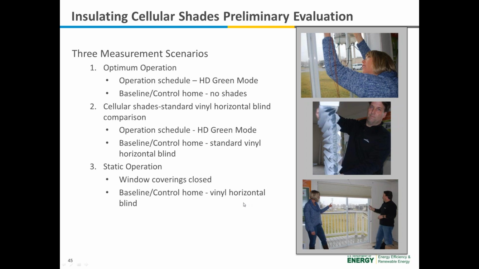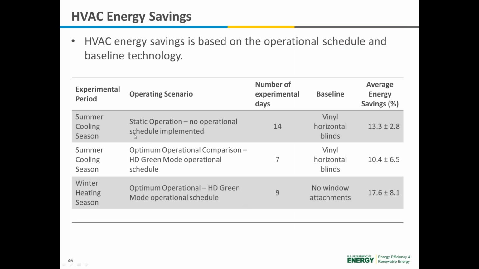for comparison. So HVAC energy saving is generally based on the operational schedule and the baseline technology. Here's a general overview of the experimental period, the operational scenarios, the number of experimental days in the experimental period, the baseline technology, and then the average HVAC energy savings seen from this.